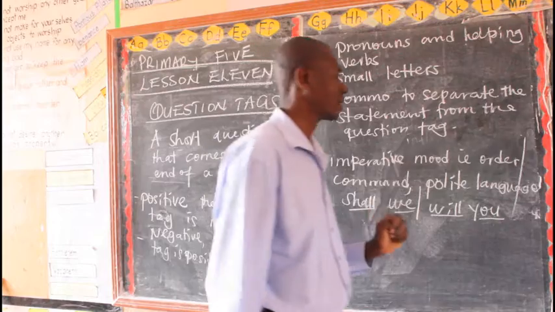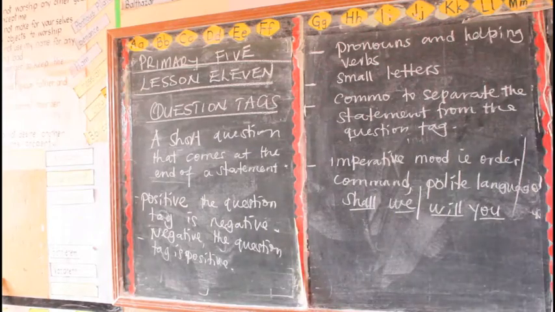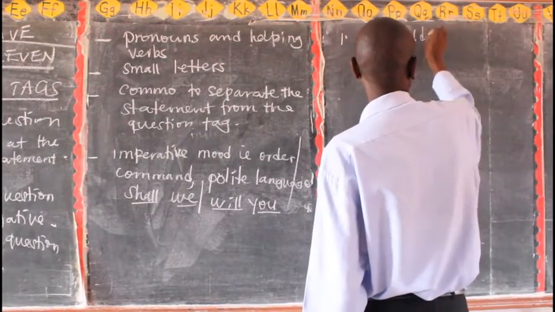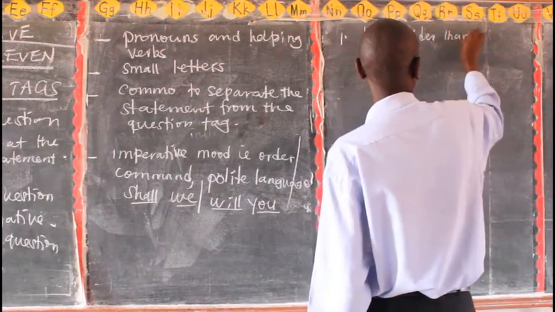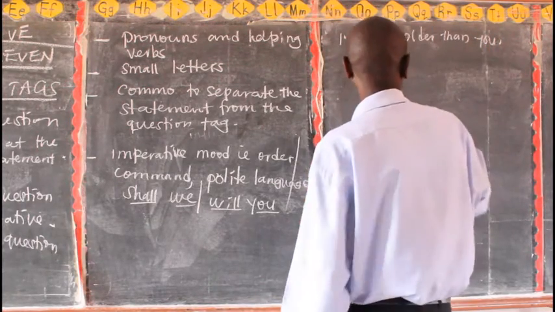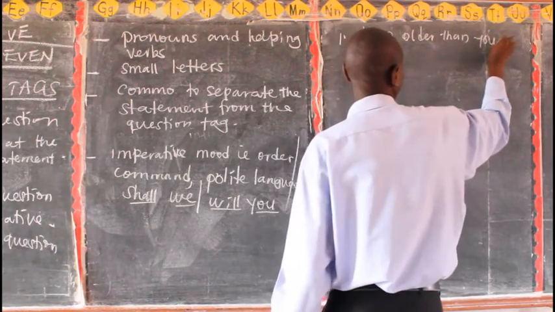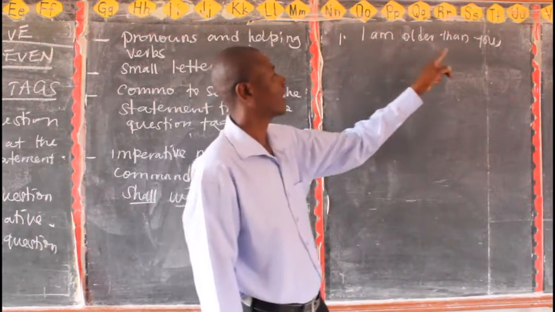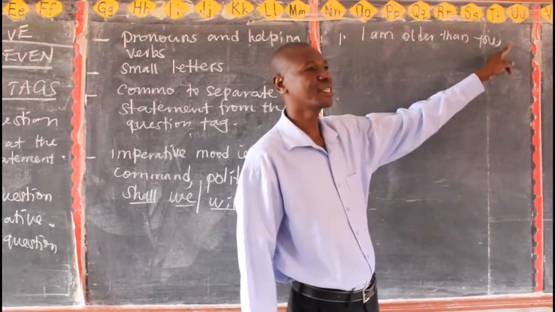Let's look at these examples. I can say, "I am older than you." This statement is demanding a question tag.